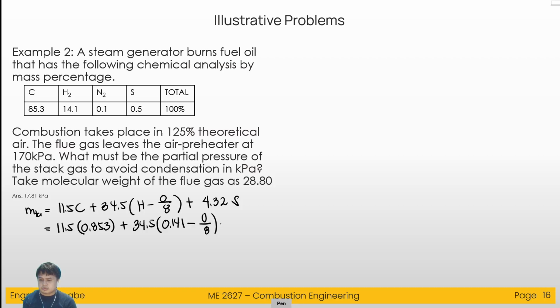This is just 0, and then you have plus 4.32 times 0.005.